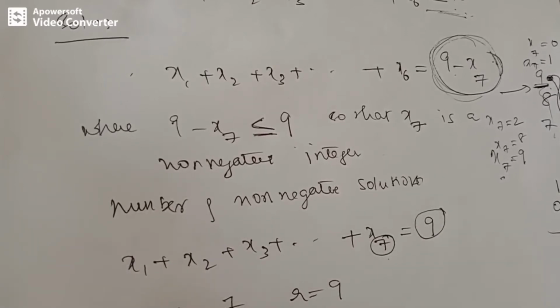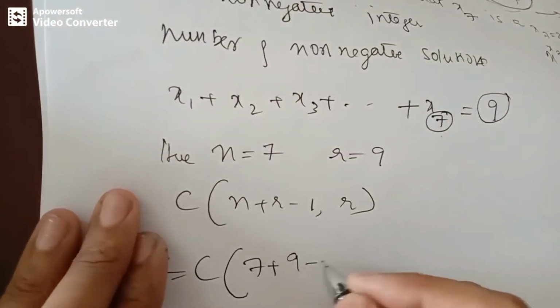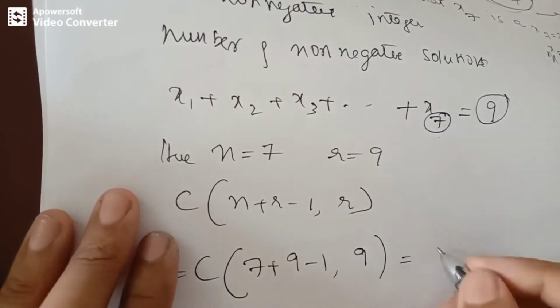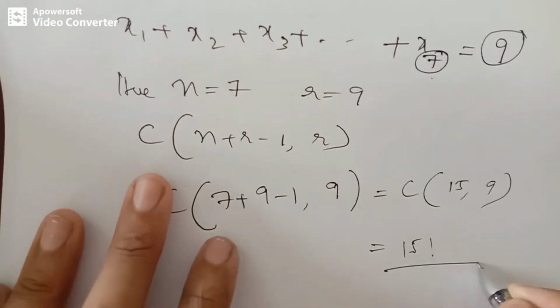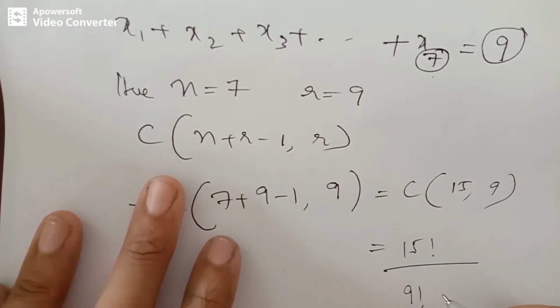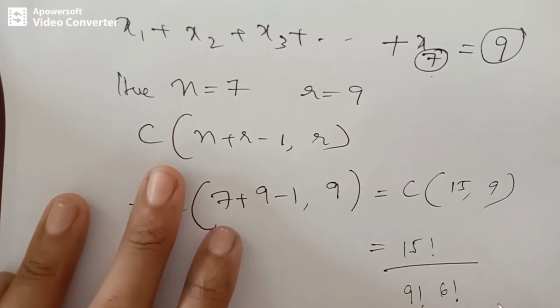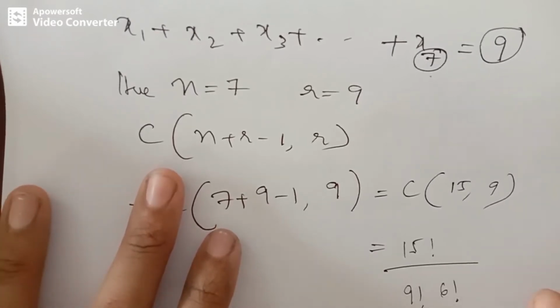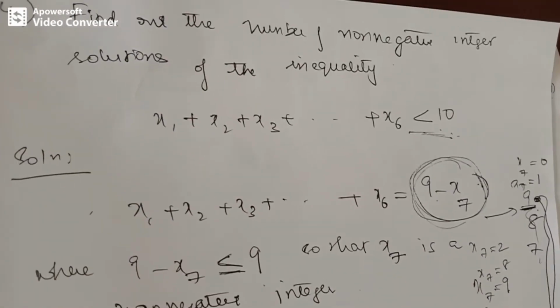So the formula will be C of n plus r minus 1 comma r, wherein n is 7 plus 9 minus 1 comma 9, which is C of 15 comma 9, and it can be written as 15 factorial by 9 factorial into 15 minus 9, which is nothing but 6 factorial. Okay, so try to find out. You can also write it this much, or you can also simplify the answer. So this is a kind of different problem that you may get in the university.